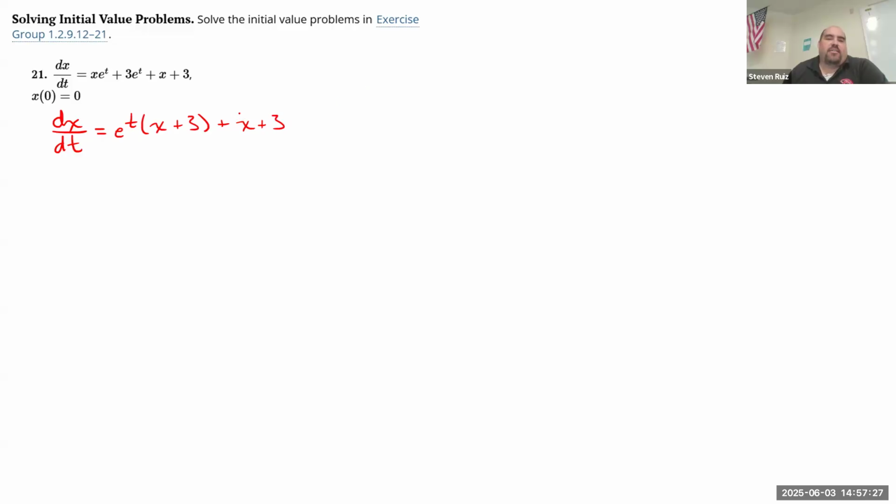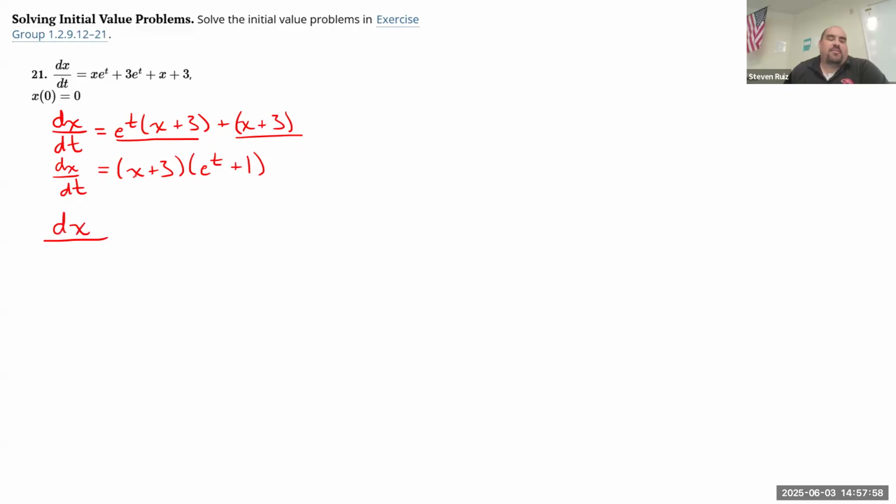And now what I notice is that if I treat this as a term and this as a term, I can factor out x plus 3 from either of those. And then I get e to the t plus 1. So if I write it that way, it always was separable, but now hopefully it's more clear that it can be separated.